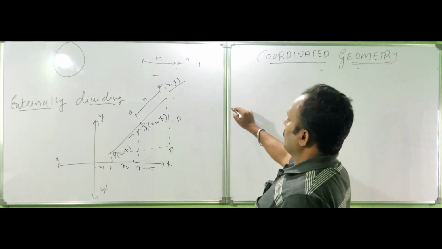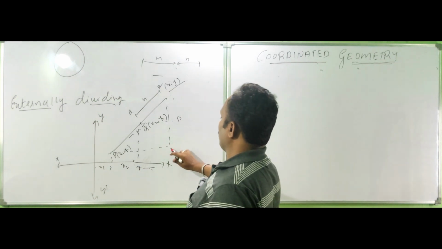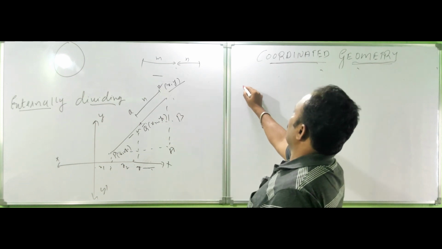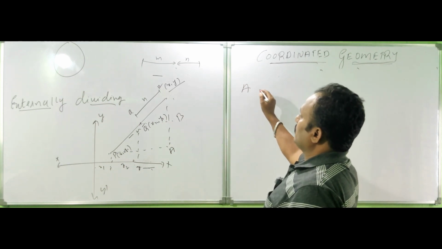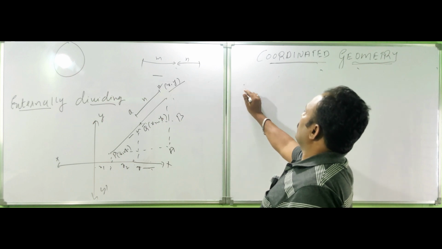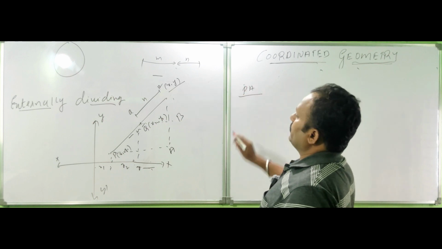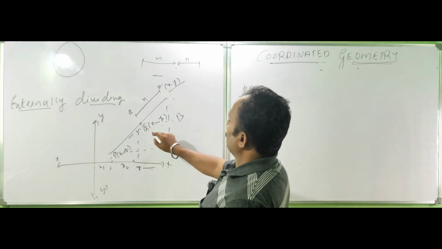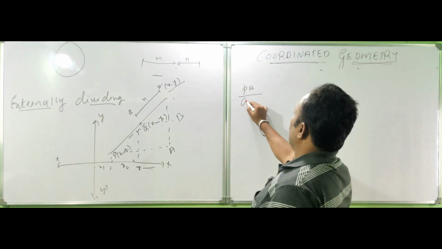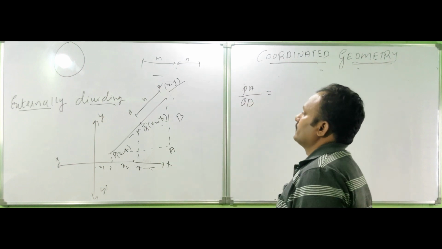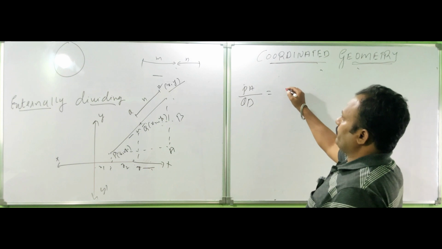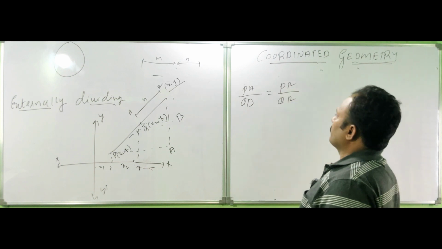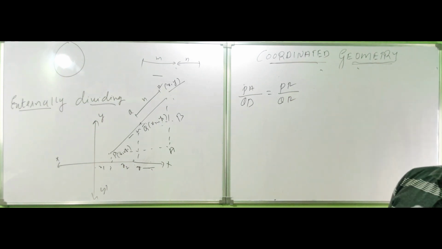PA divided by QB is equal to PR divided by QR for the x-axis line.